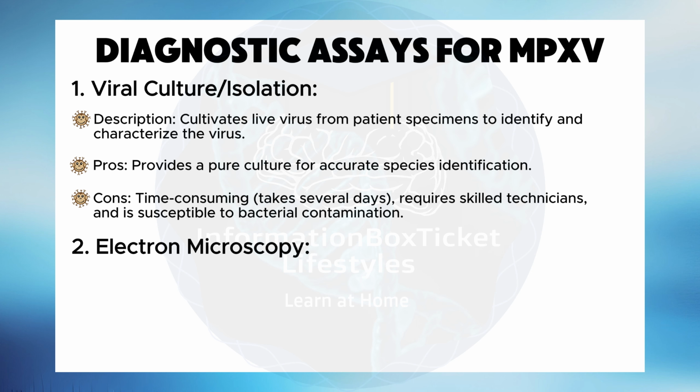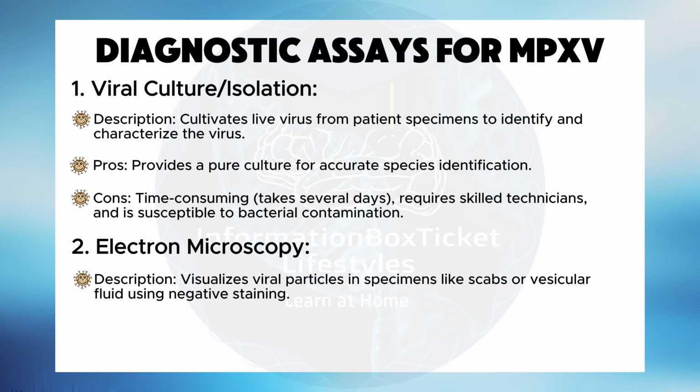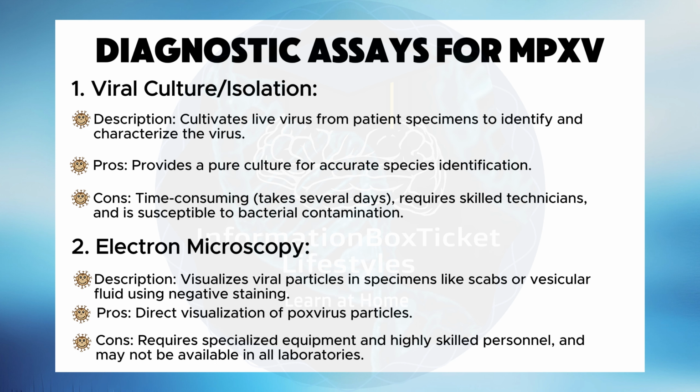Electron microscopy. Description: visualizes viral particles in specimens like scabs or vesicular fluid using negative staining. Pros: direct visualization of poxvirus particles. Cons: requires specialized equipment and highly skilled personnel and may not be available in all laboratories.